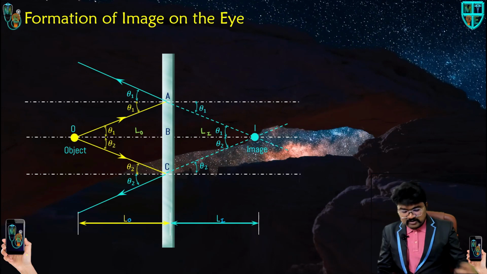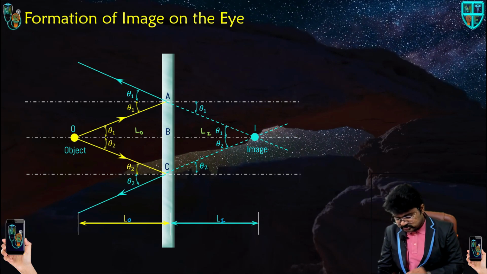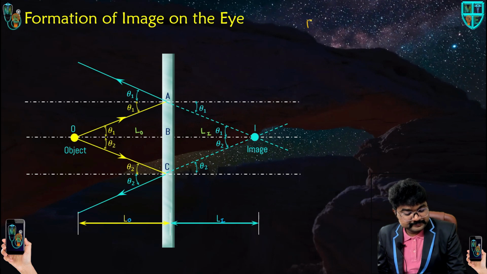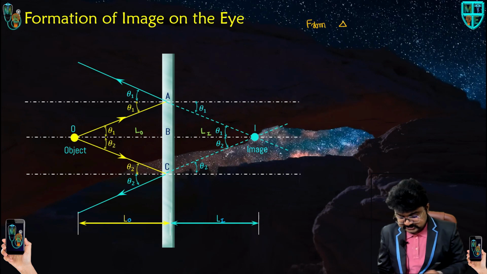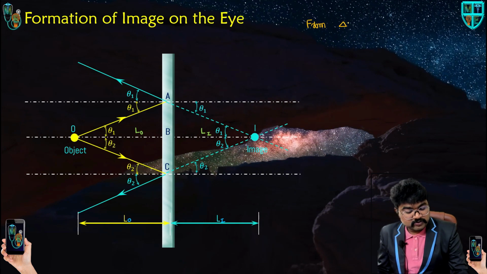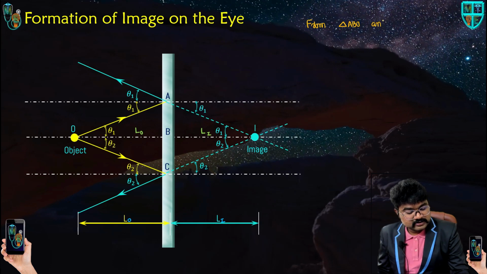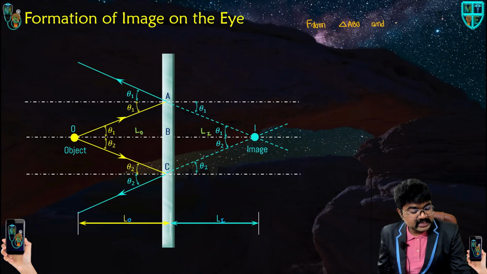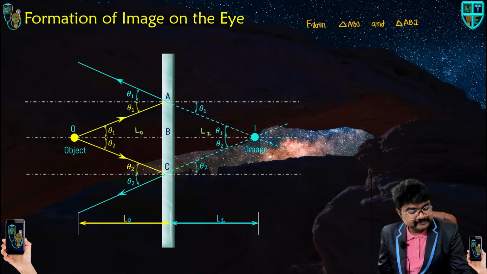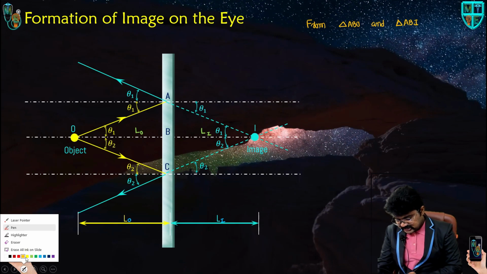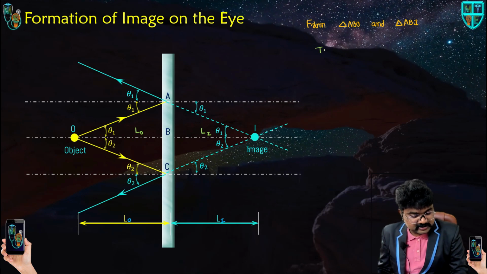See here, from the triangles it is very simple. Just observe from triangle ABO and from triangle ABI. Here what is tan theta 1?